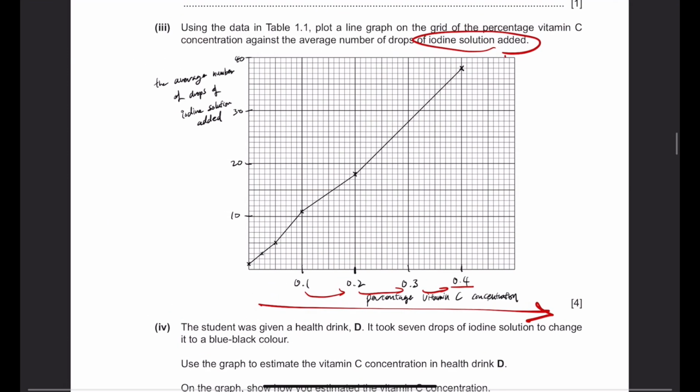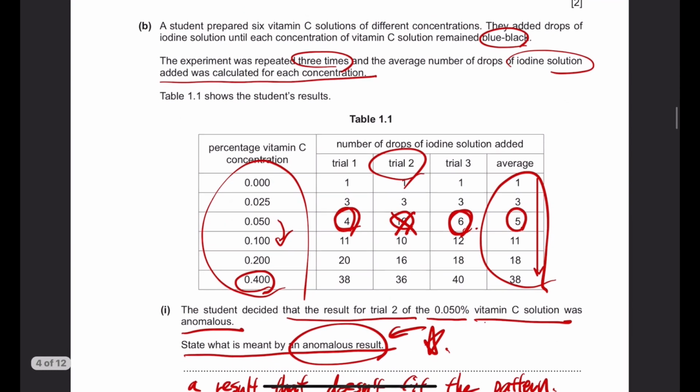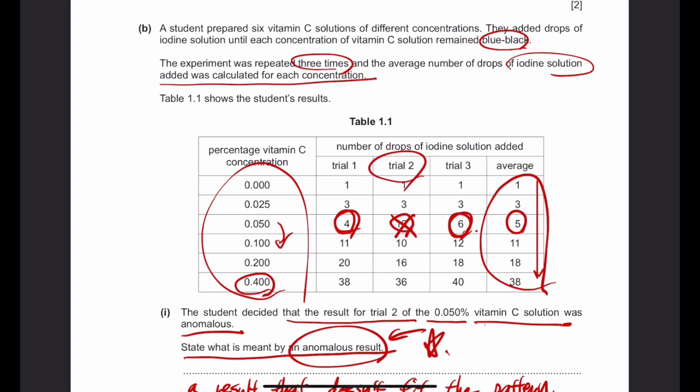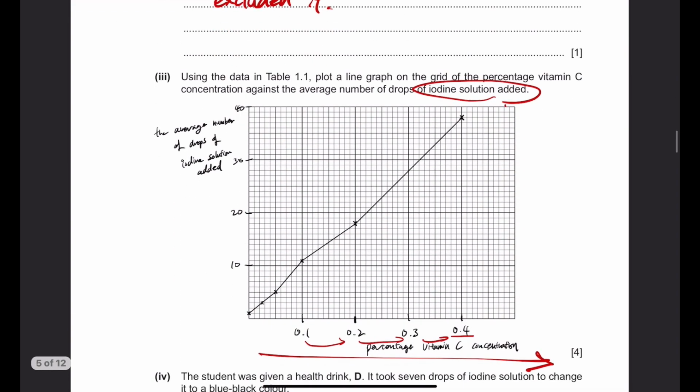Don't forget about the units. Of course, in this case, it doesn't actually have a unit written. It says percentage here, but usually the table gives the unit like this. Since it didn't, I omitted it.